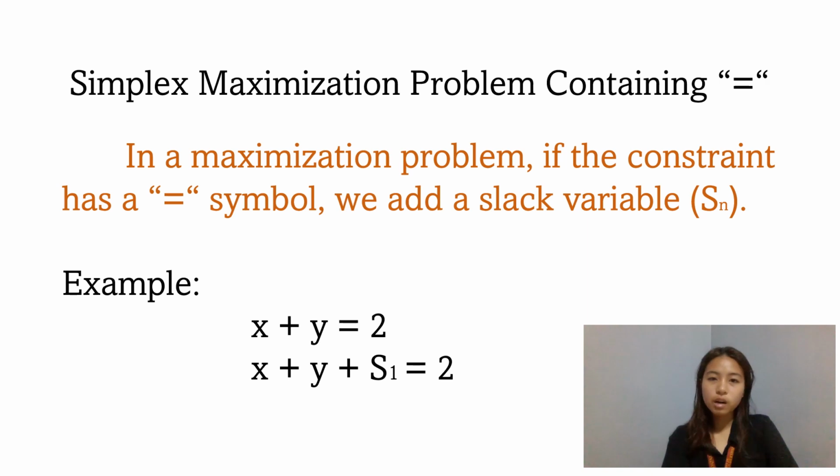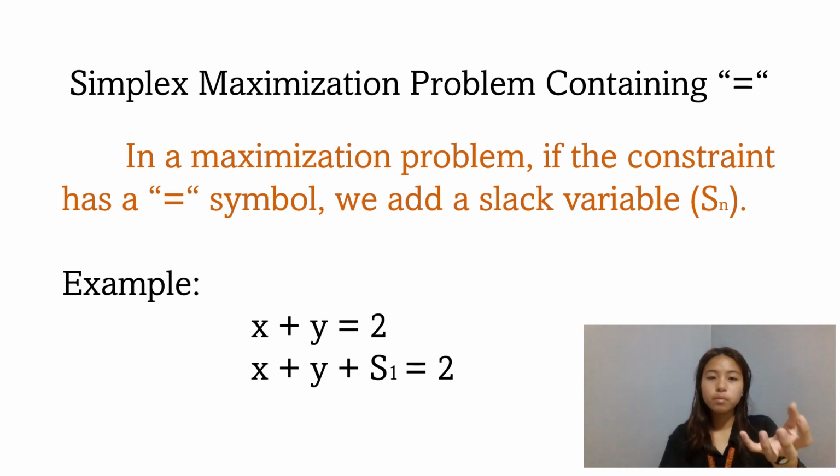In linear programming, when you have an equation constraint, for example x plus y is equal to 2, you typically convert it to fit the standard form of linear programming problems, which involves inequalities like less than or equal. For a maximization problem, you want to convert all the constraints into inequalities.